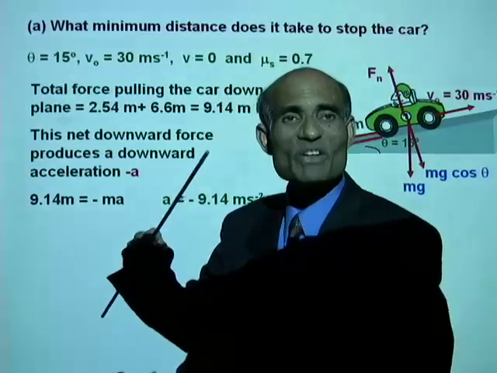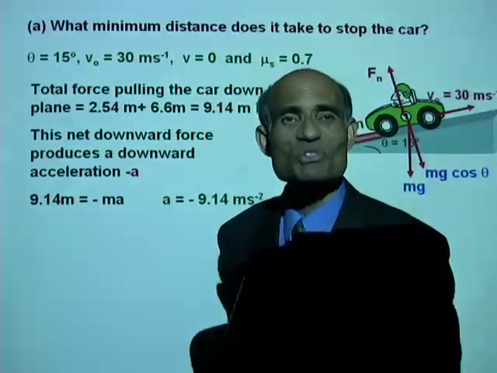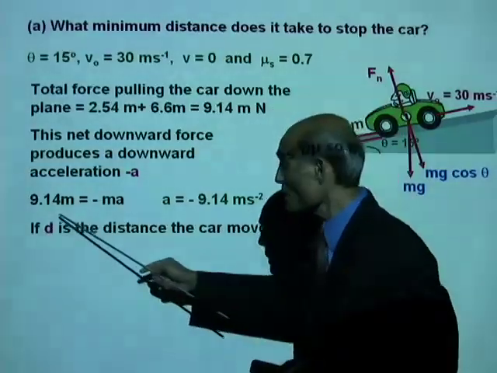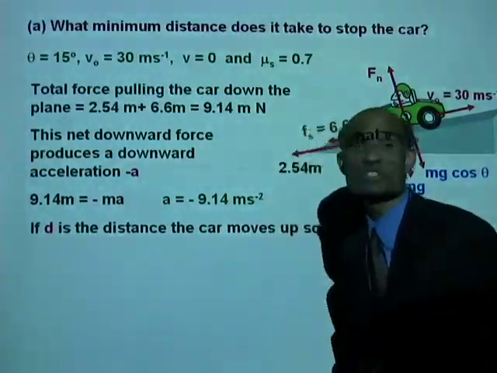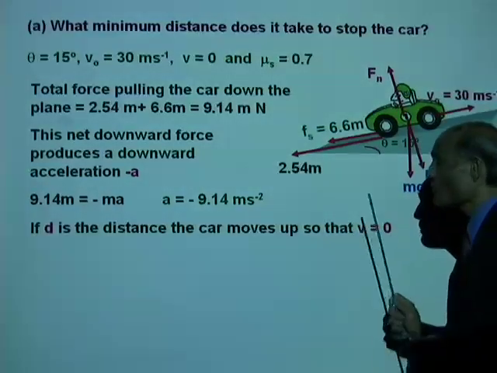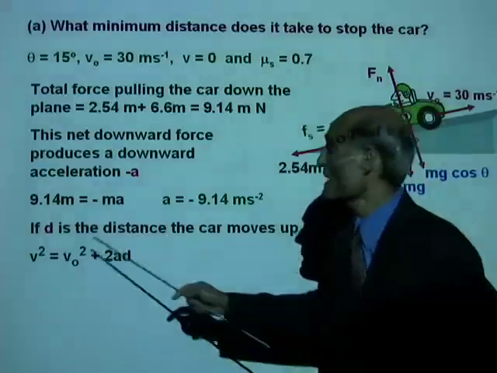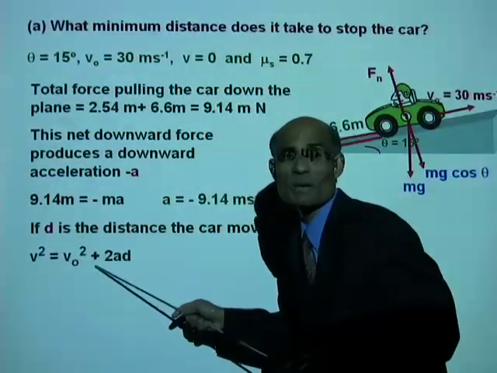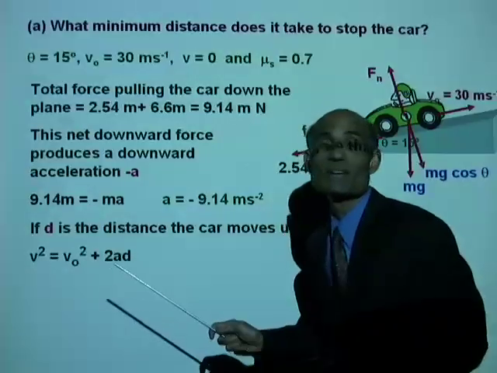What is the equation that is connecting all these quantities? Well, if d is the distance the car moves up so that the velocity becomes 0, then v squared equal to v0 squared plus 2ad.